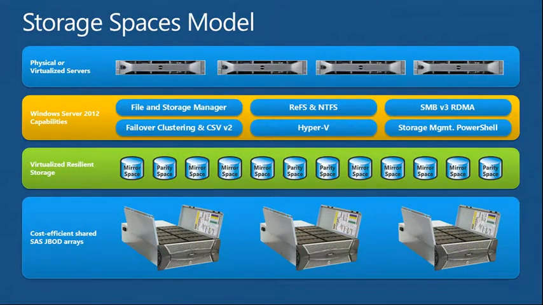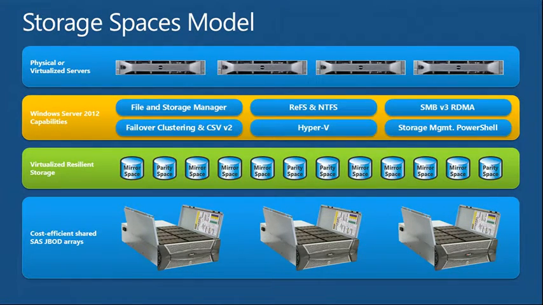Now, from a storage spaces model, as I mentioned, architecturally, if we look at this, going from the bottom up, we have a bunch of cost-effective disks, regardless of the interface they're using. They're simply plugged inside your different types of trays. This is an example of just a generic tray that has 60 drives inside of it that can be populated. And those are your SAS-connected JBOD arrays down below, plugged inside your rack.